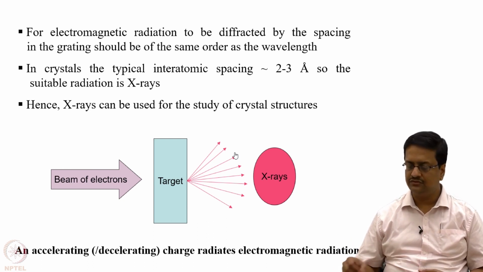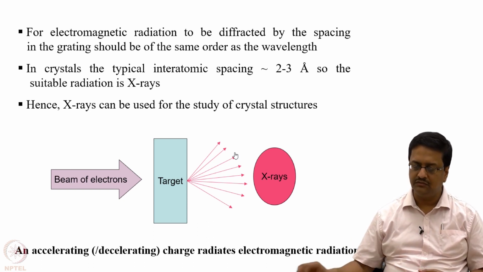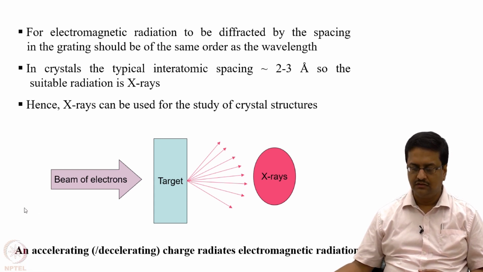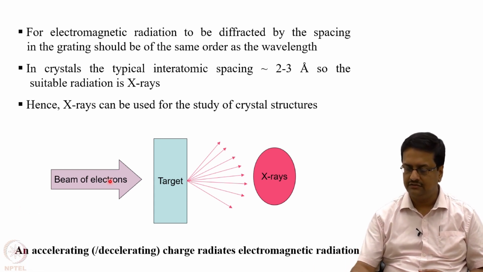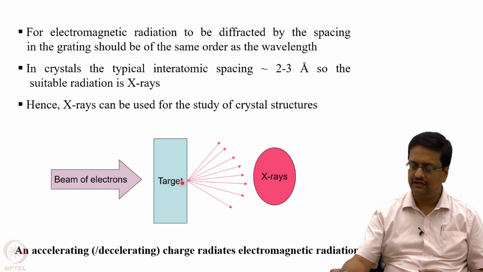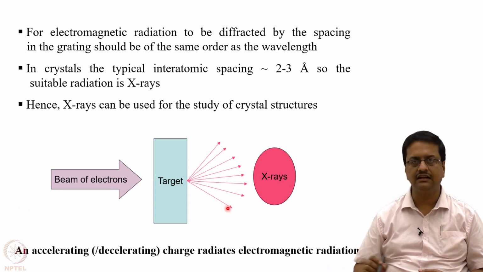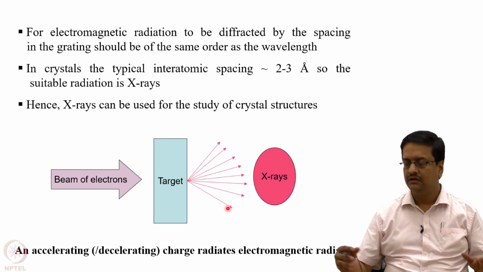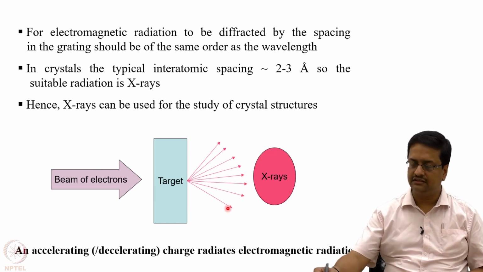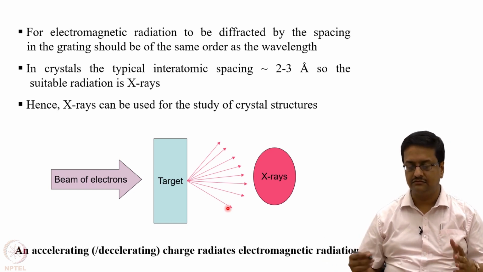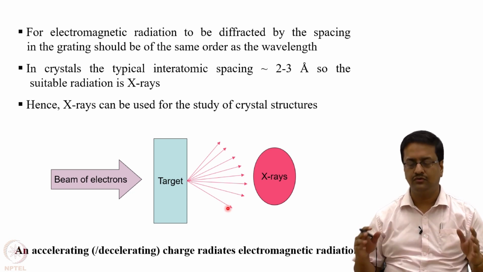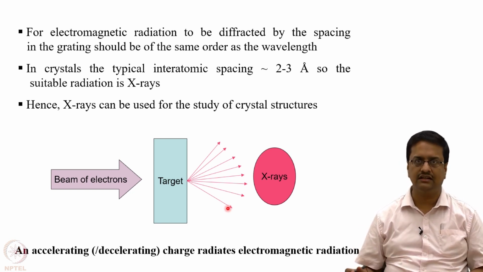So what happens, as you know, is that a beam of electrons falls on a target and X-rays are generated. An accelerated source of electrons is allowed to impinge on a metal target.